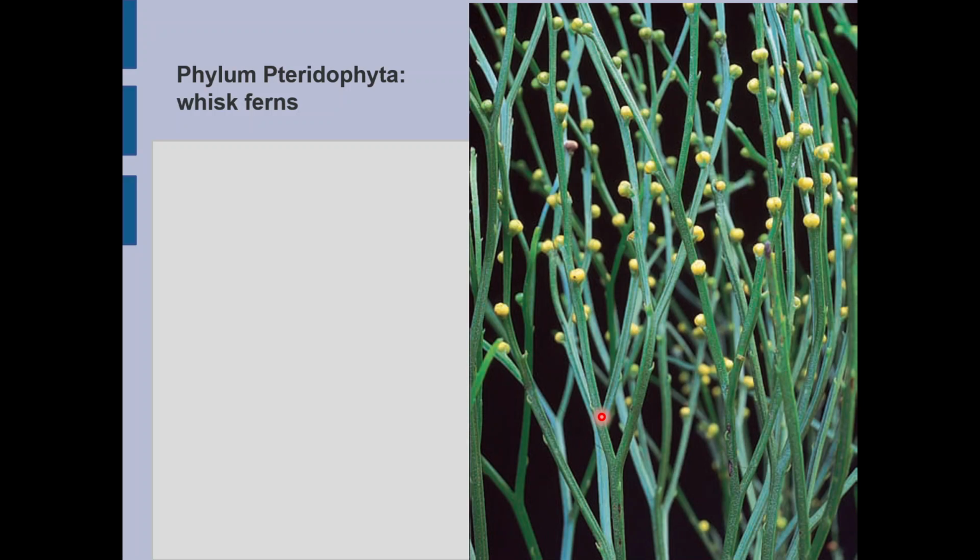The upright stems of Psilotum are green and are the main organs of photosynthesis, and small round sporangia are also on the aerial stem and contain mother cells that undergo meiosis to form haploid spores.